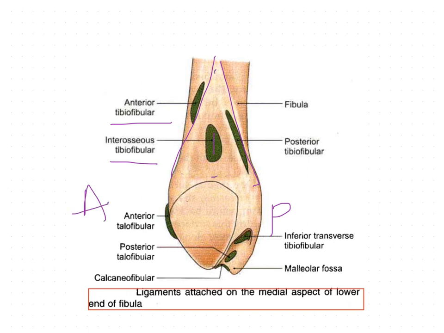So the first one we have seen is the interosseous tibiofibular ligament in the middle, the anterior tibiofibular ligament attached anteriorly, and the posterior tibiofibular ligament posteriorly. These are the attachments we have seen on the medial surface of the lateral malleolus in the triangular part.